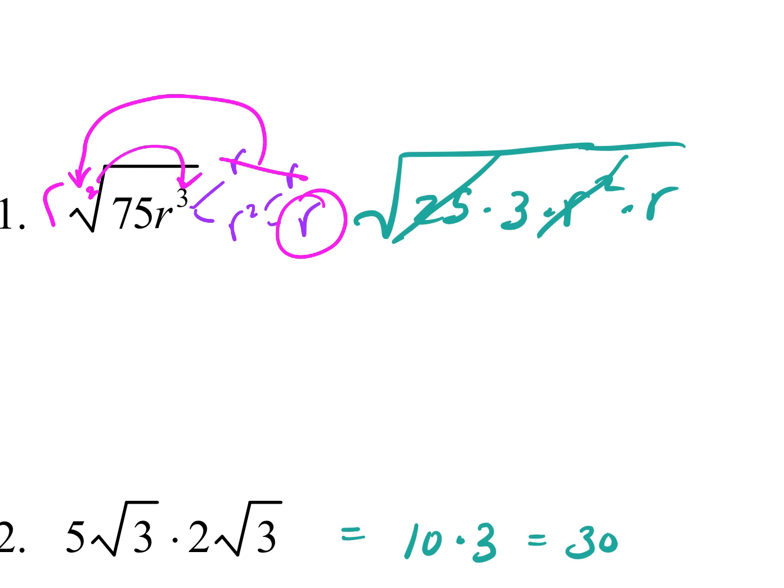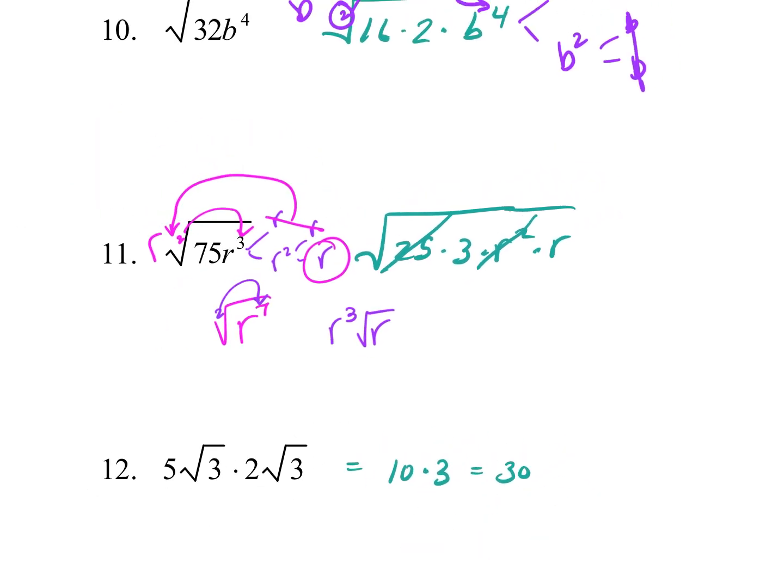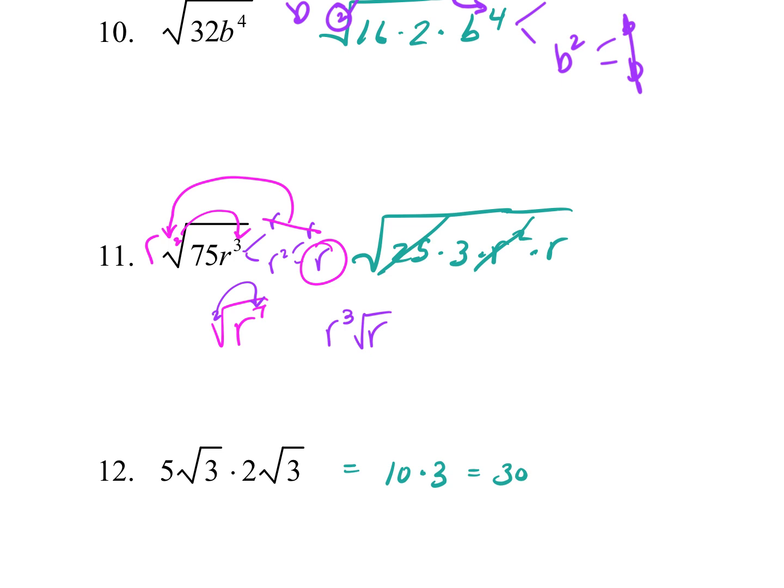It goes 1 whole time, so 1 r goes to the outside, and 1 remainder stays underneath. So if it was square root of r to the 7th, I would take the 2 that's out here, divide it into the 7. It goes 3 whole times, right? So r to the 3rd goes to the outside. 1 left over would stay underneath. Or you just do 7 r's and cancel them out in pairs.